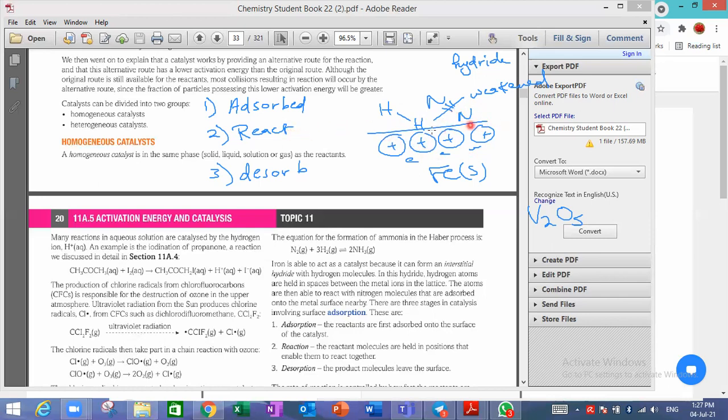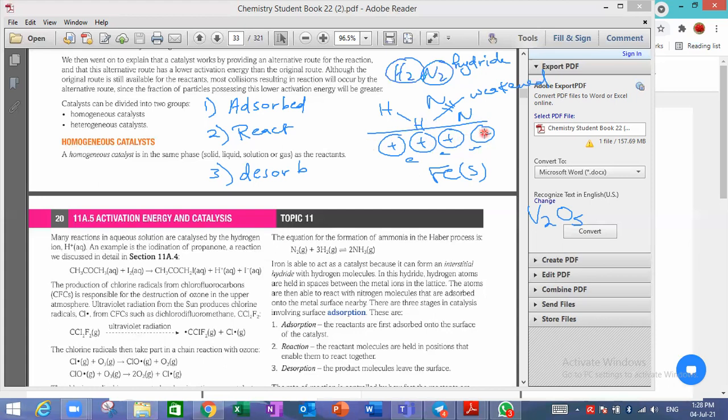So as long as they are found at the surface of iron, they fill the surface of the iron. So if more hydrogen and nitrogen molecules are near, they will not be able to be adsorbed at the surface of the iron because all the surface is already covered by hydrogen and nitrogen.